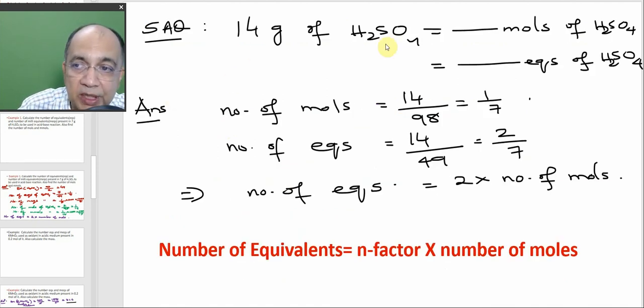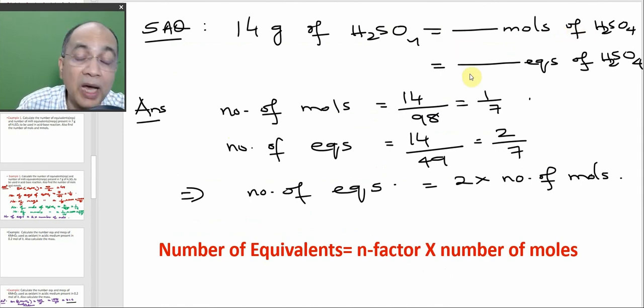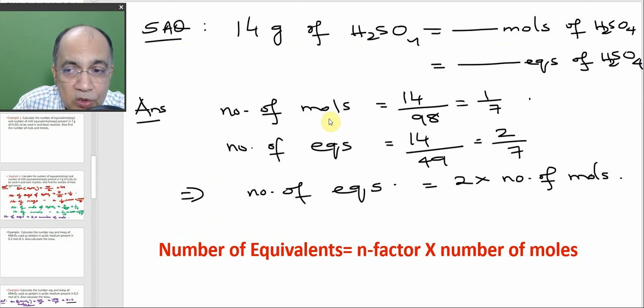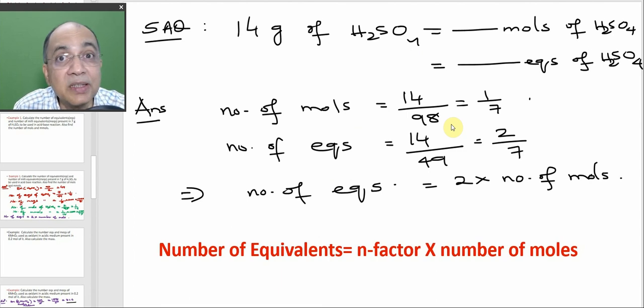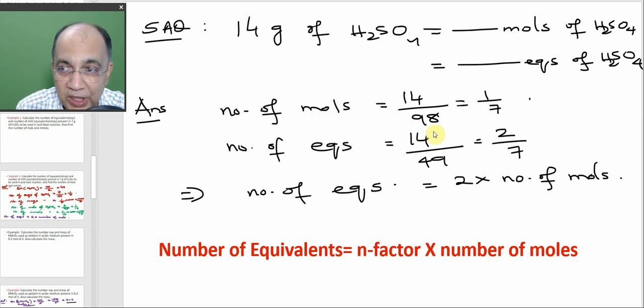14 grams of sulfuric acid is equal to how many moles of sulfuric acid and how many equivalents of sulfuric acid? Let's find out. Number of moles is the mass by molecular mass, 14 by 98, which is 1 by 7. Number of equivalents is the mass by equivalent mass. You remember, if nothing is said, then you take the n factor, the basicity, equal to 2. So 98 by 2 is 49. So 14, the actual mass, divided by its equivalent mass is 2 by 7.